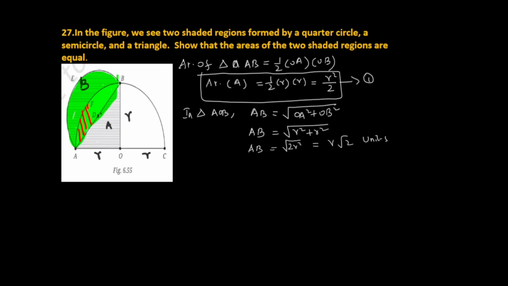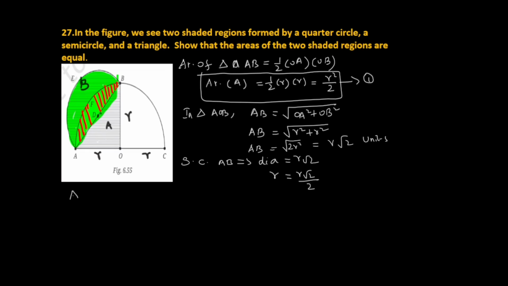If we subtract this segment area from the semicircle, we can get the exact area of B. The diameter of that semicircle, based on the side AB, is R root 2. So the radius is R root 2 by 2 units.